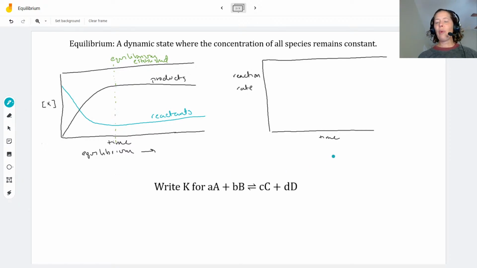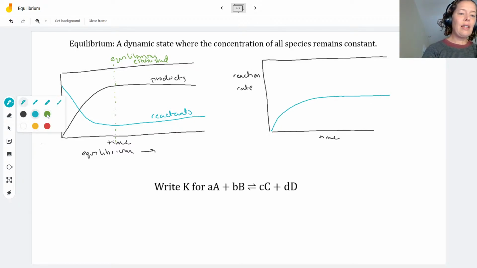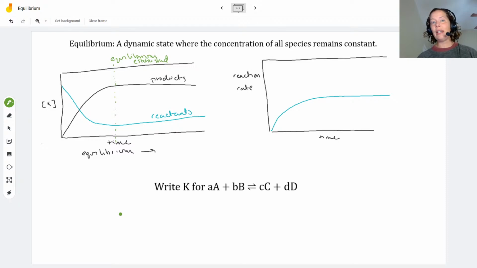All right, so we'll start with our reverse reaction. Our reverse reaction rate initially is 0 because there is no reverse reaction, but then it builds, right? Then you've got your forward rate, which starts high because initially you only have the forward rate, and it comes down and meets the reaction rate of the reverse.